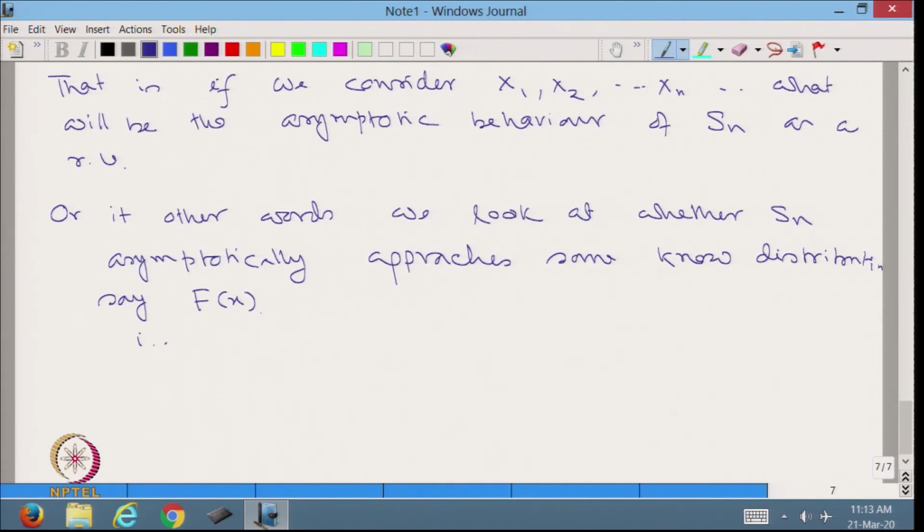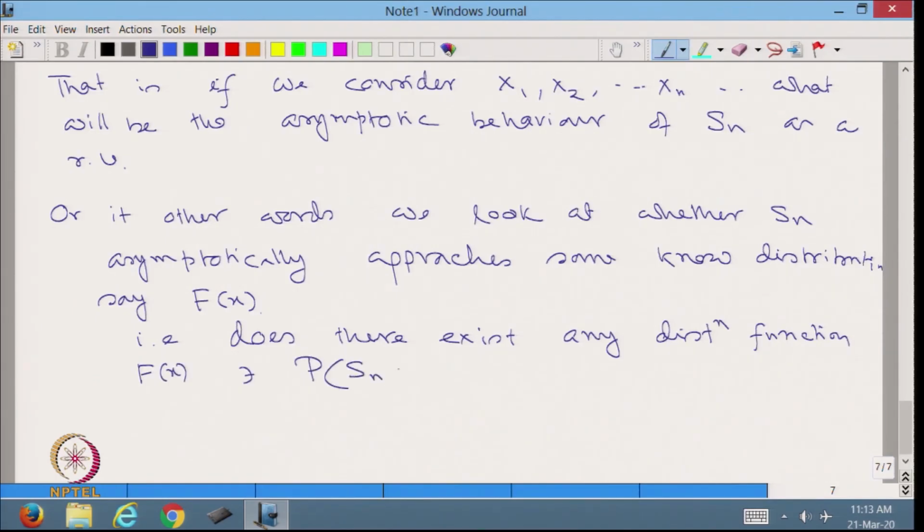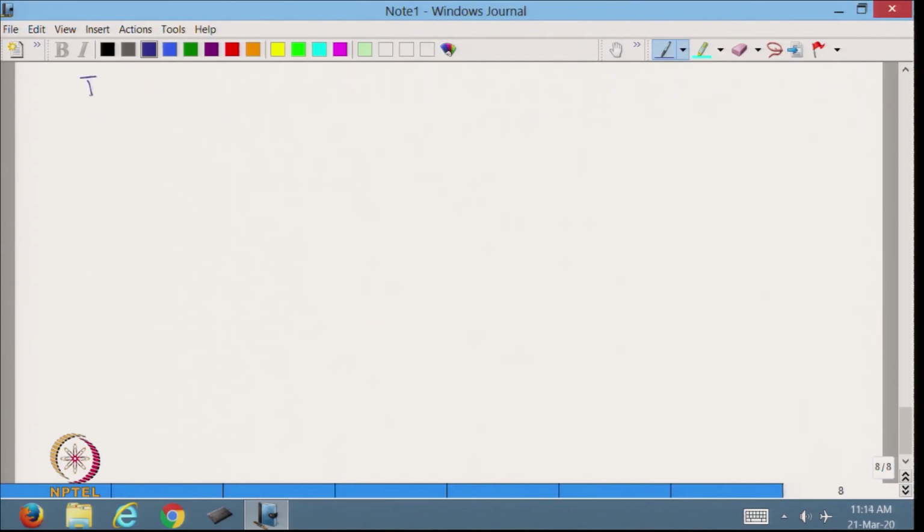That is, does there exist any distribution function F(x) such that probability Sn less than or equal to x converges to F(x) as n goes to infinity?